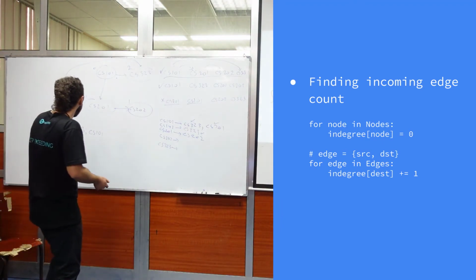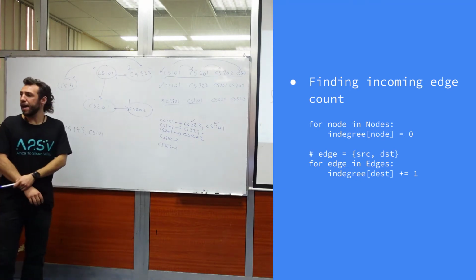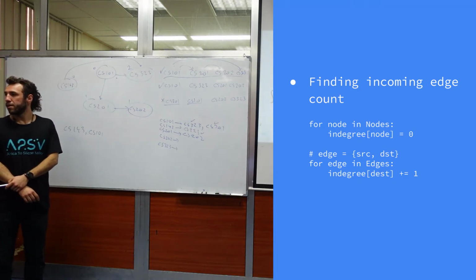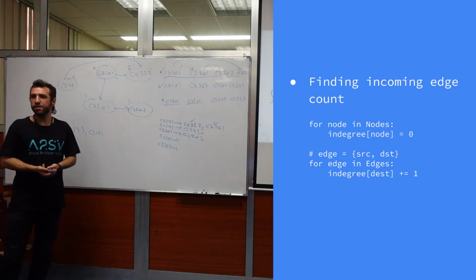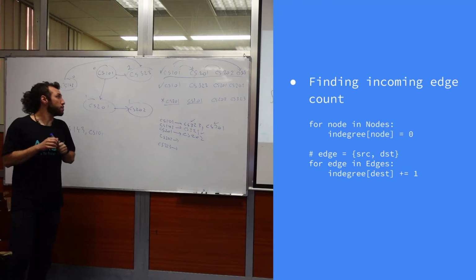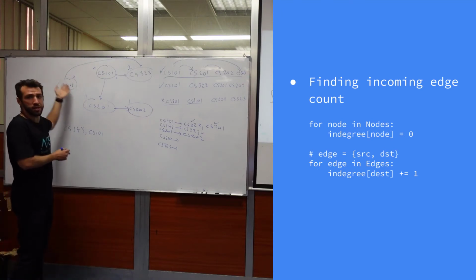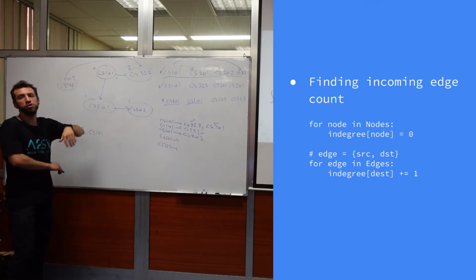Since we get these courses, is it okay to remove them from the graph? Because edges mean dependency, right? And if a course is taken, it means I can remove this from my graph, right? And when I remove this node, what am I going to do with its edge?